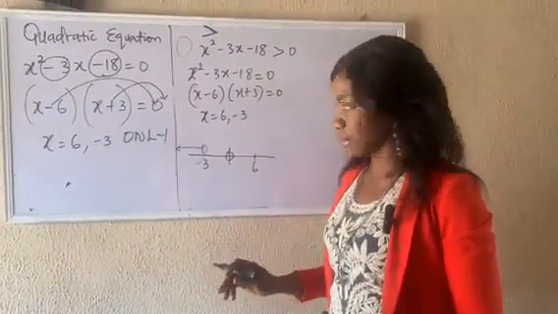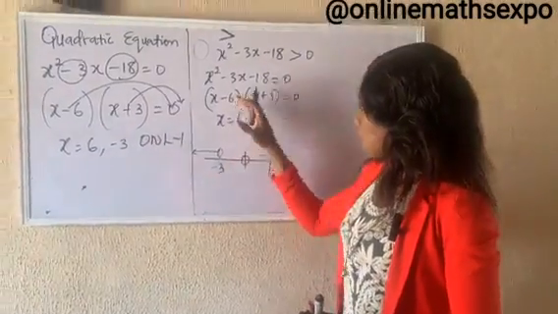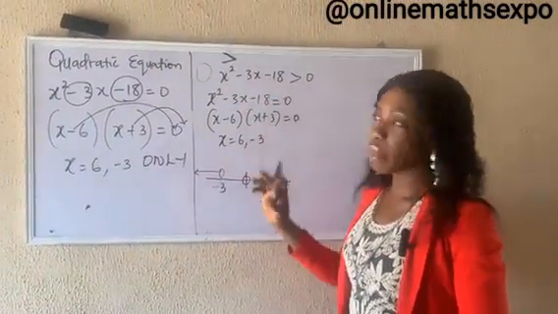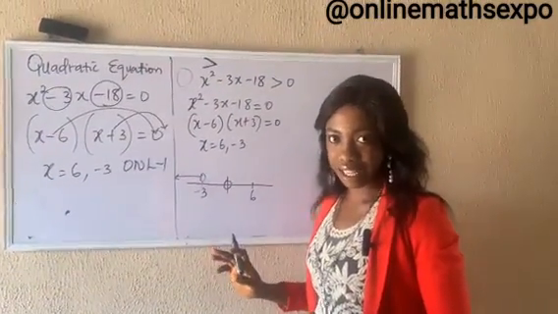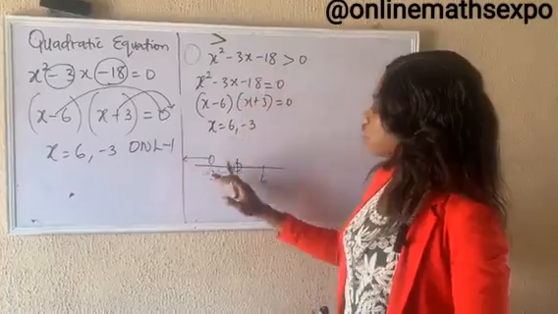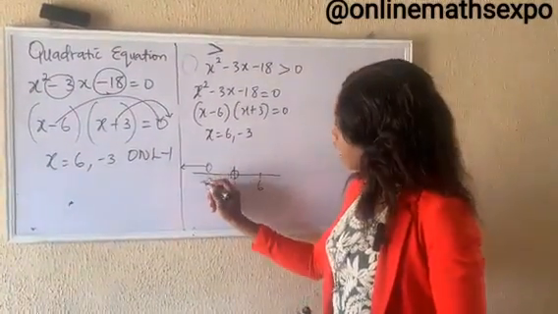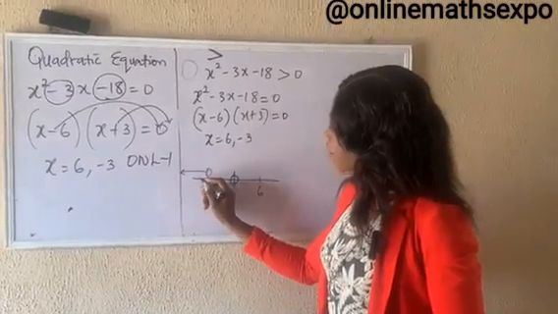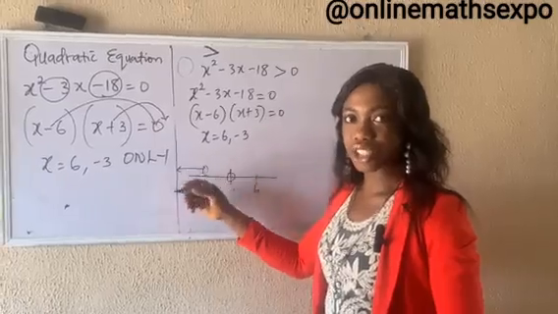Let me take that again. In testing for the range of values of x that will satisfy this inequality, remember in inequality we talk about range, we don't talk about exactness. And you know, in talking about range, the number line comprises, like here we have minus 3, you can have minus 3.1, minus 3.2, minus 3.3 and others.